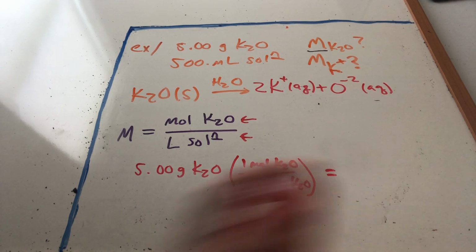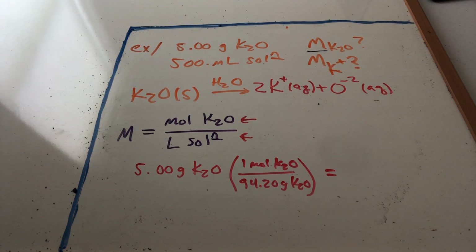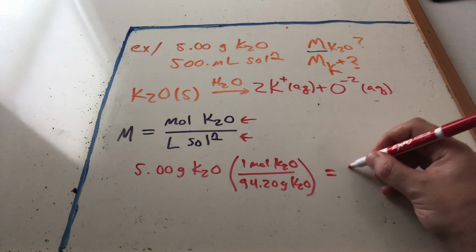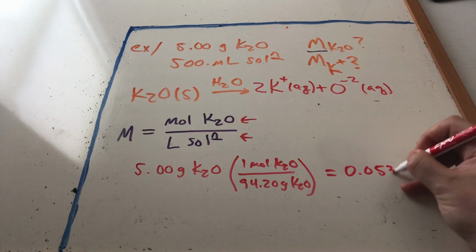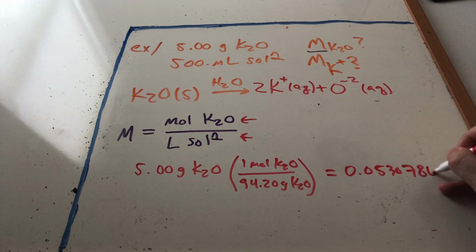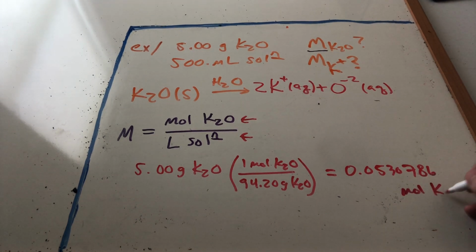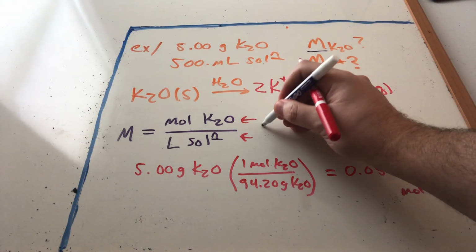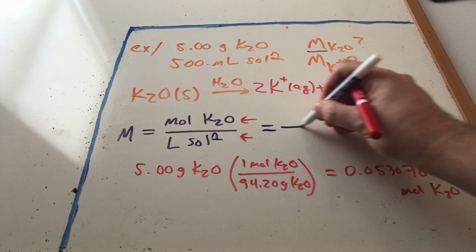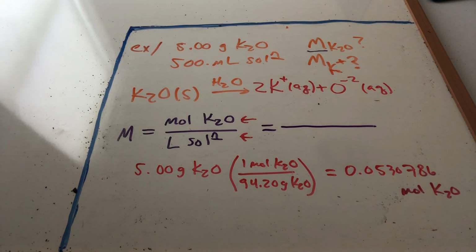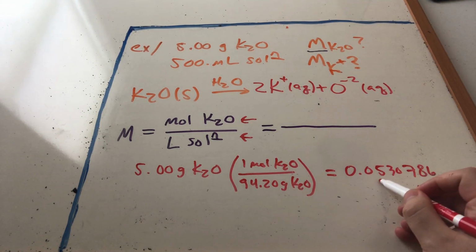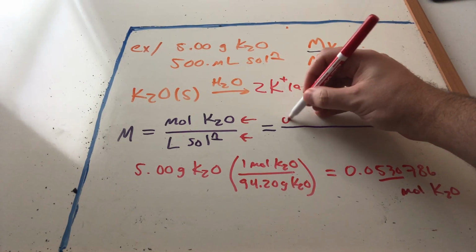I can do a mass to mole conversion. And what I get when I do that is 0.0530786 moles of K2O. In terms of my final result, the thing I'm trying to calculate, this is going to be the numerator. Now I did math, so what am I going to keep track of? Significant figures.